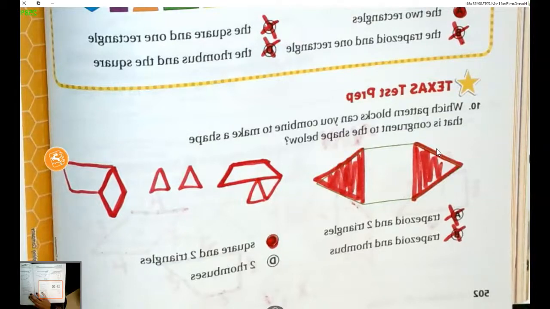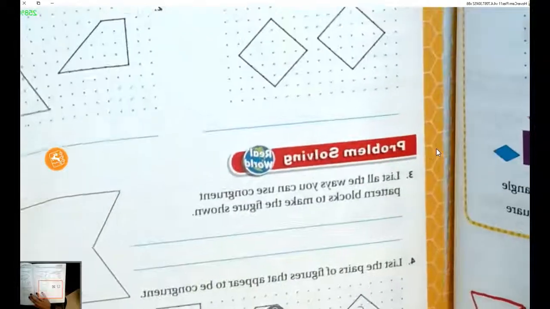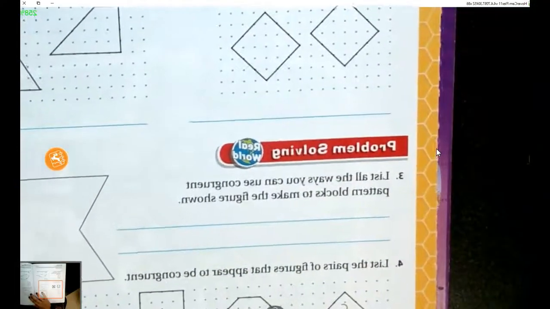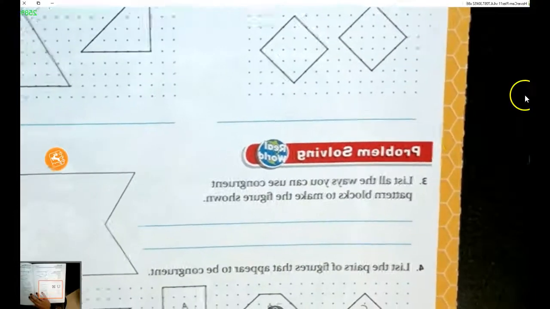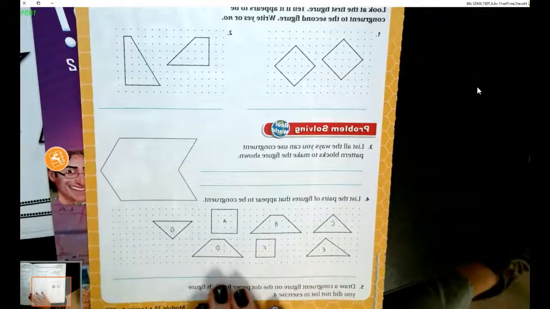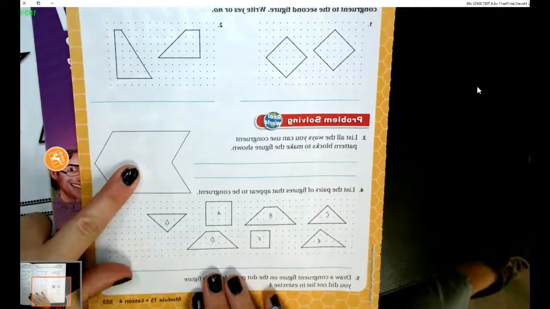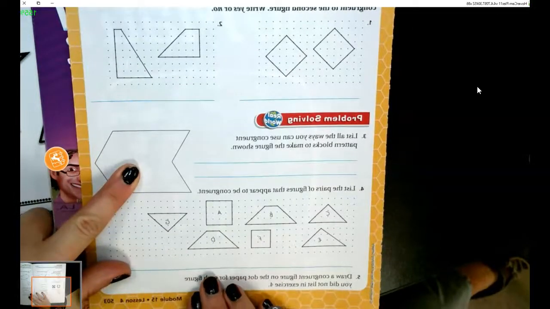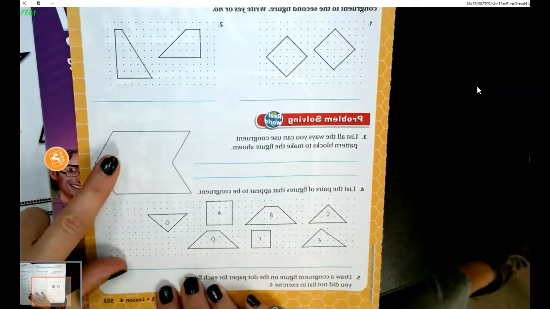Okay, so now what you're going to do in class, we're going to tear out page 503, and those of you on Seesaw will be doing the same thing. Tear this next page out, and you're doing the same thing. 1 and 2, you're going to write yes or no if they're congruent. 3, you need to look back at the pattern blocks and list all the ways you can use congruent pattern blocks to make the figures shown below.